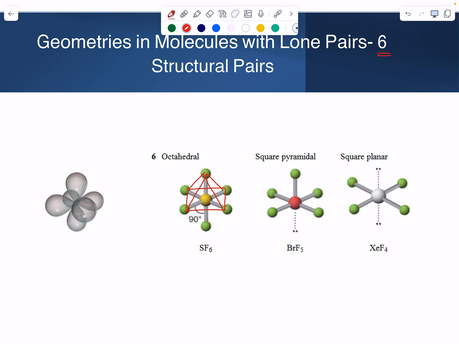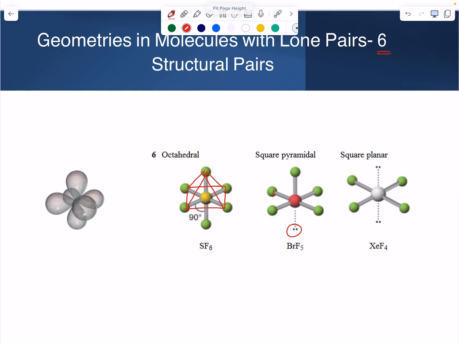And we have essentially two pyramids with a four-cornered base. All right, so when we have lone pairs, we're going to be losing the axial things, okay? And so here we have just a plain square pyramid, right?